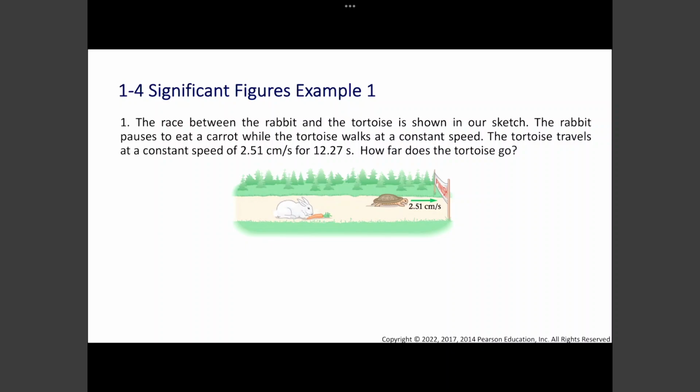So distance is speed times time. So here we can find the distance d. We have given the speed 2.51 centimeters per second times 12.27 second. So now the answer is 30.7977 centimeter.